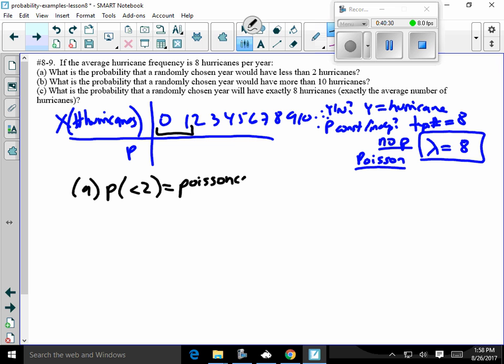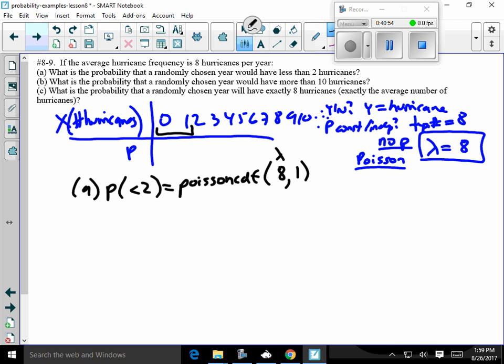So the CDF and PDF work the same way as binomial and geometric. But in the Poisson model, you have to specify the lambda value, which in this case, the typical number, is 8, and we want the probability up to and including 1. So 0 and 1. Was it less than 2?